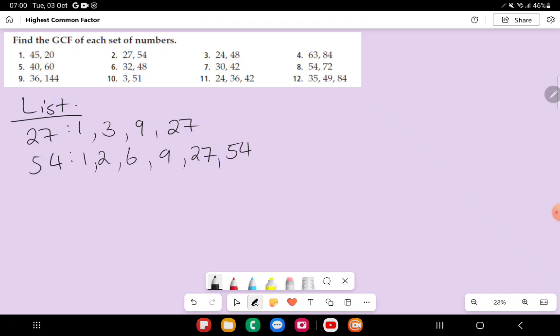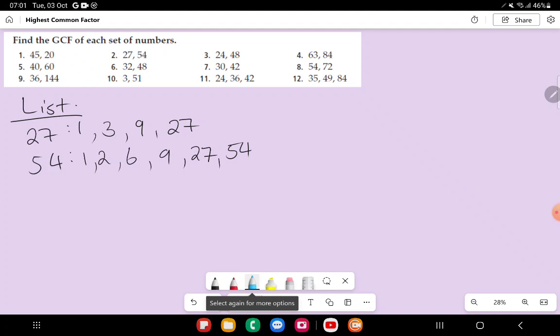Now when we are looking, if we look at the number 27, the highest number you got for 27 is 27. You cannot multiply 28 by anything to get 27. The highest number you can multiply is 27 multiplied by 1. So we're looking for the highest common factor.